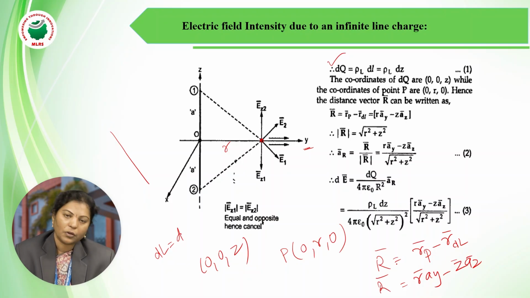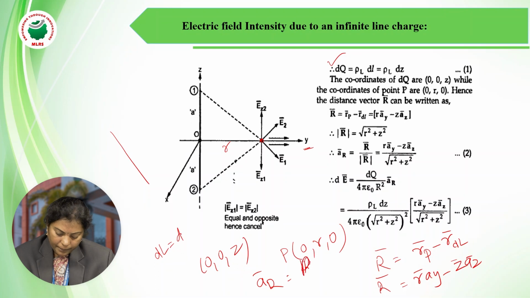Again we need to calculate the unit vector, aR equal to vector R by the magnitude of the vector, where vector R is r into ay minus z into az.